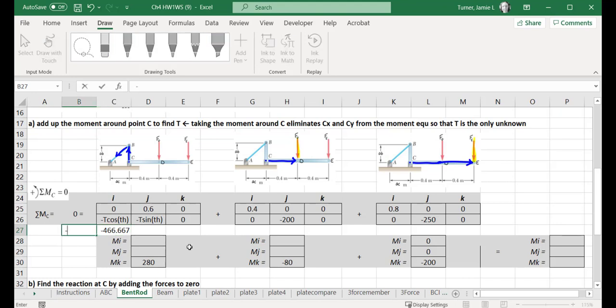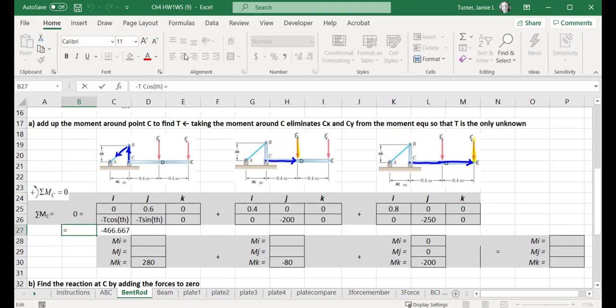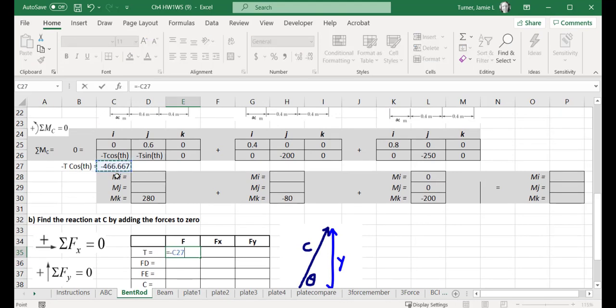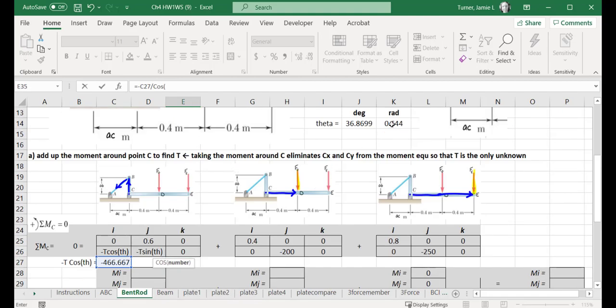So if we have what this guy is equal to now, we know what our tension is, right? So our tension is going to be equal to this guy divided by cosine of the angle up here.